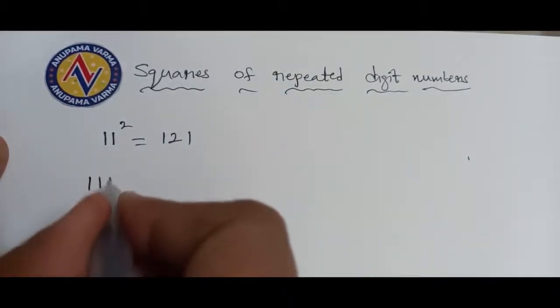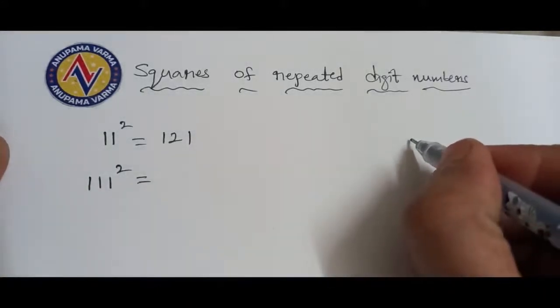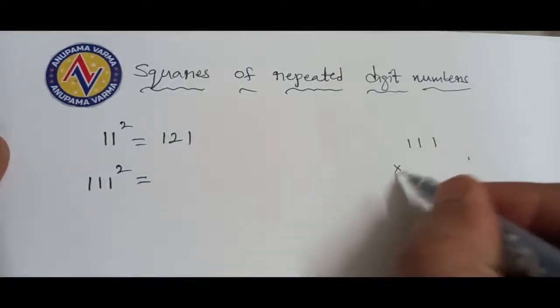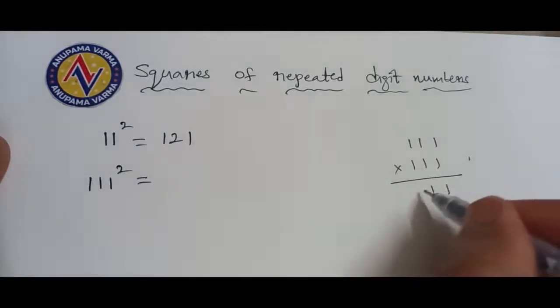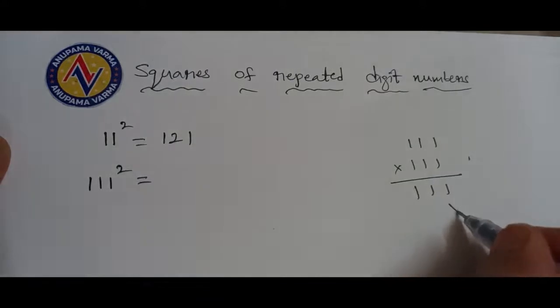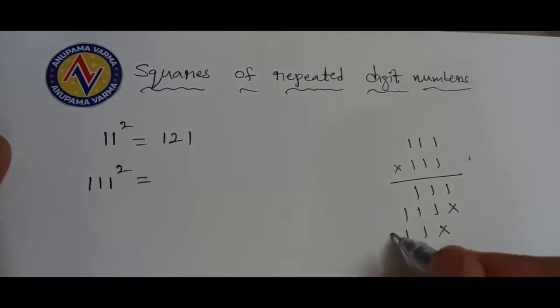Let's see triple one square. So in the conventional method, triple one, how will you multiply? 1 ones are 1, 1 ones are 1, 1 ones are 1. Then leave the ones place, write 3 ones again. Leave the tens place and write 3 ones.